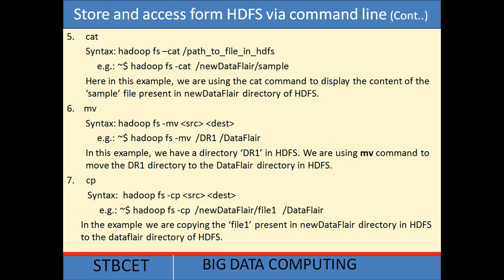Move command. If sometimes on the Hadoop file system you want to transfer one file from a source location to another destination location, in that case the move command is used. This command acts like cut and paste.